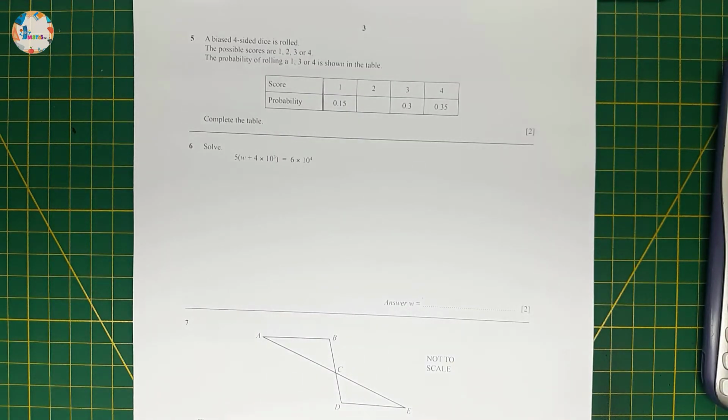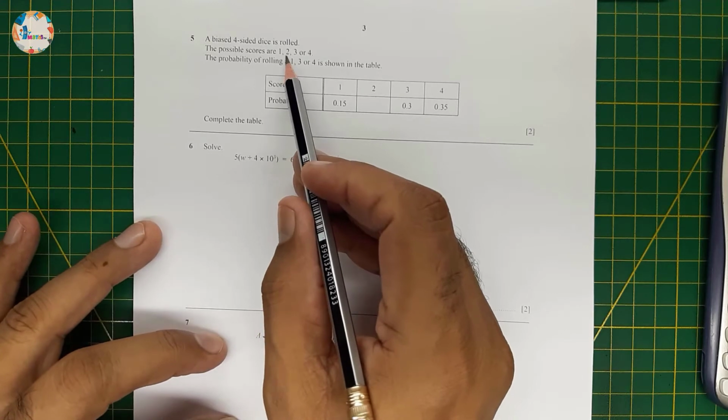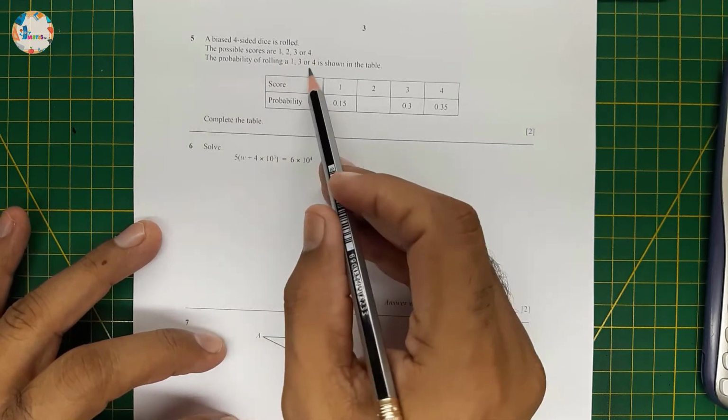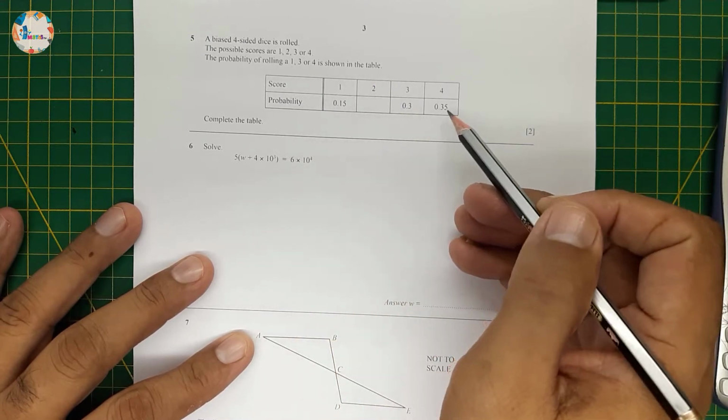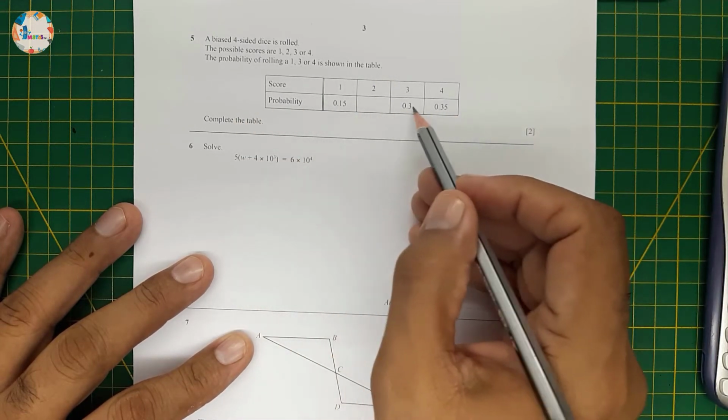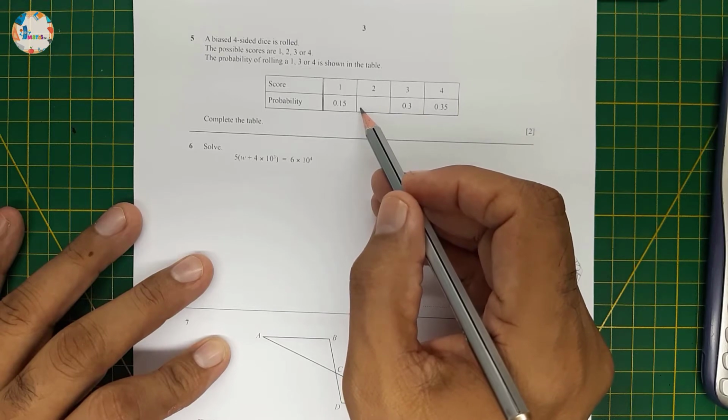Question number 5, a biased four-sided dice is rolled. The possible scores are 1, 2, 3, 4. The probability of rolling a 1, 3 or 4 is shown. Complete the table. We know the probabilities add up to 1.